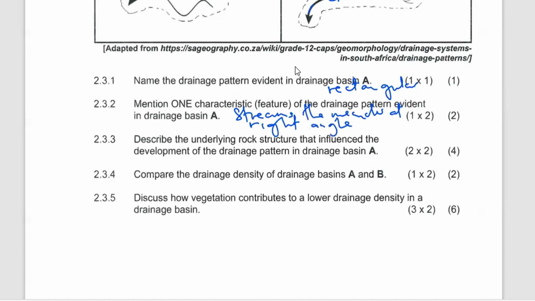And also, if you check, they join at right angles. That's the major feature there, according to our observation.